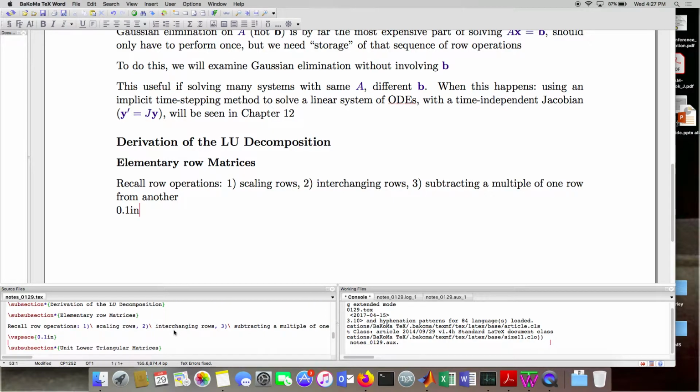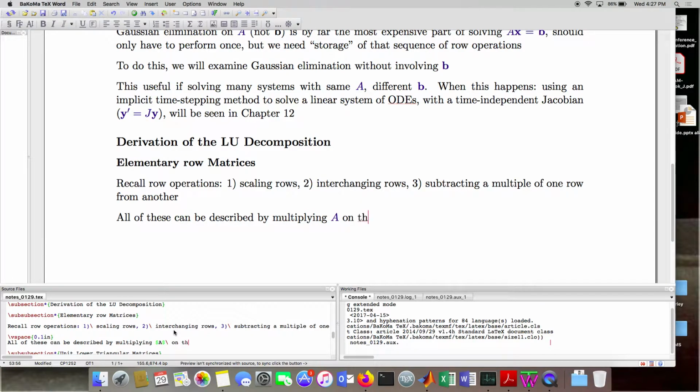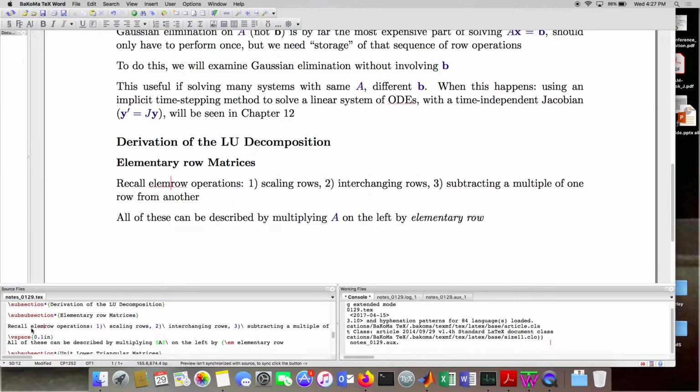Okay. Whoops. Okay. So all of these can be described by multiplying A on the left by what are called elementary row operations.